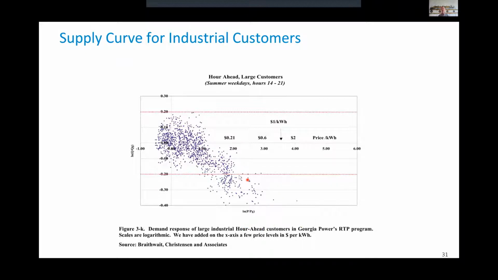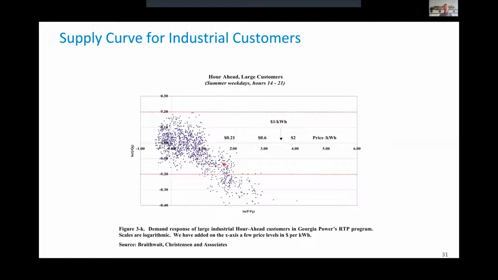When you have industrial customers, of course, they are able to react exactly to the prices that are offered. So if we plot the price versus the quantity that they buy, this is upside down. In the other curves I've shown, we have quantity on the X and price on the Y. Here, this study did the other way around.